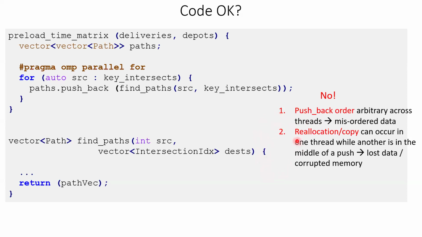And if two threads are doing the push at the same time, it may reallocate and copy while another one is in the middle of a push. So you might get lost data or corrupted memory.